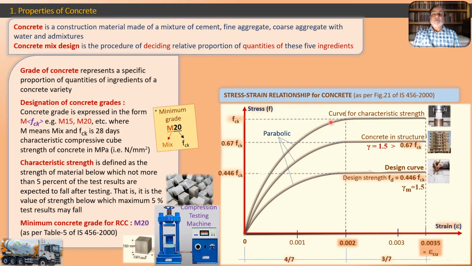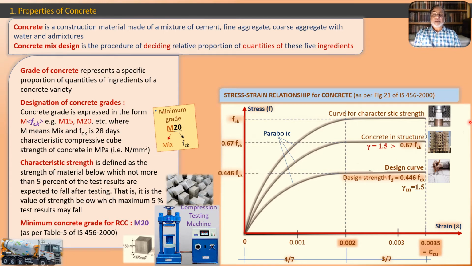Here we are saying curve for characteristic strength. So this is the curve for fck. Here we can see the cube being tested. So this is the actual real curve for characteristic strength. Now, we know from the earlier video that while testing a material, we have to handle certain uncertainties and anticipate so many things.